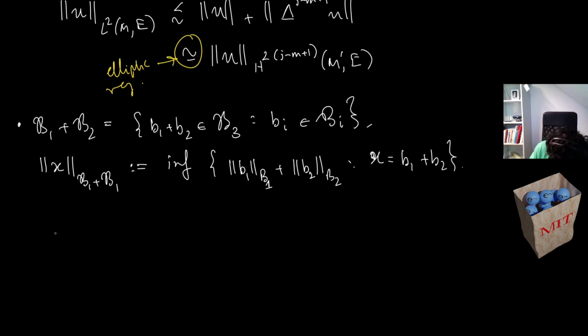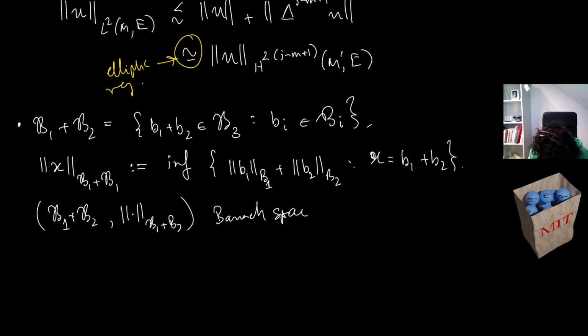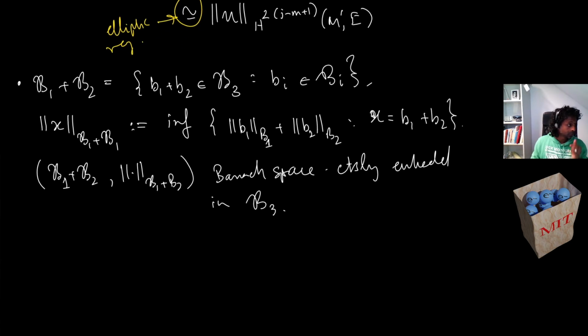So this is a Banach space now. B1 plus B2 with respect to this new norm is a Banach space. And it's continuously embedded in B3, right? Because what we started off with was a continuous embedding. The second thing we want to look at is the intersection of these spaces, B1 intersect B2.